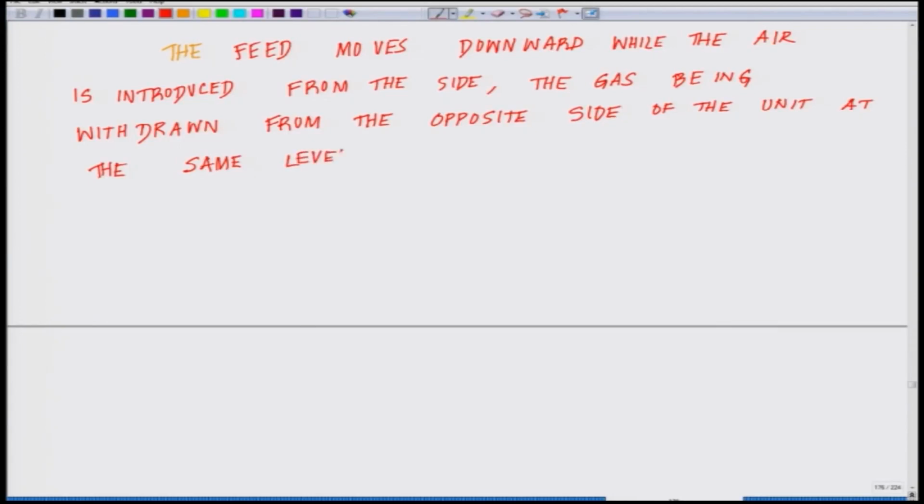This part is very important for you to remember, the same level. This is the fundamental difference with other gasifier types or fixed bed gasifiers what we have talked about.